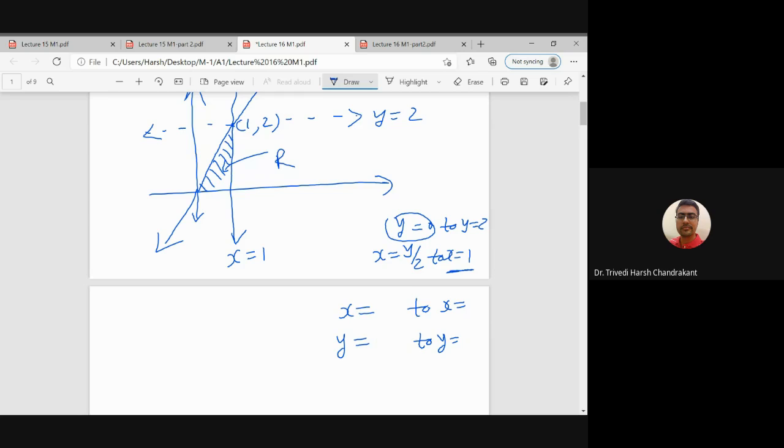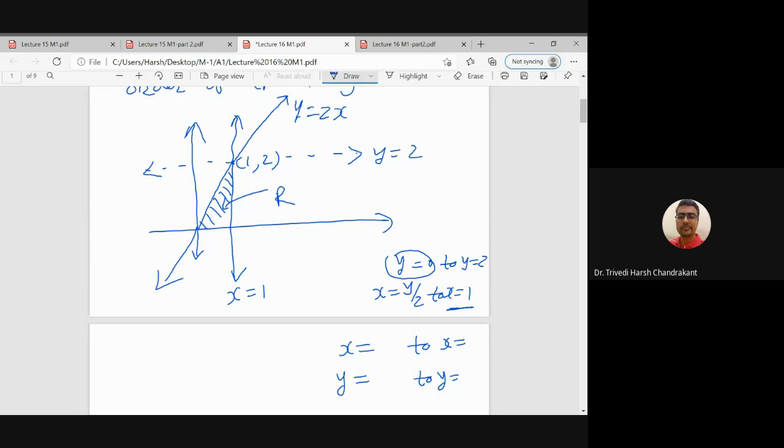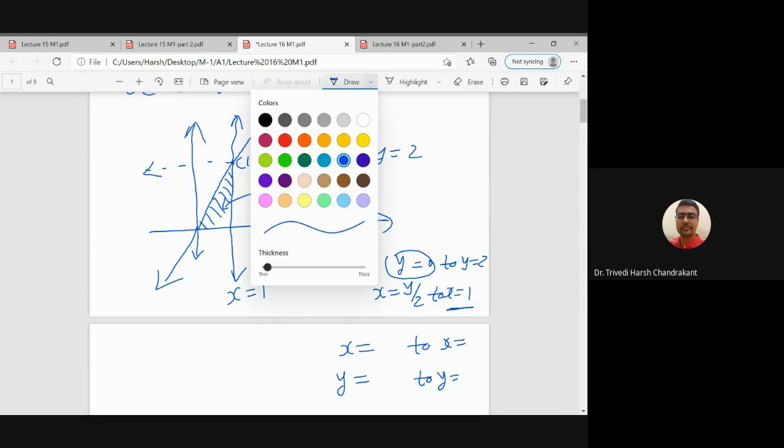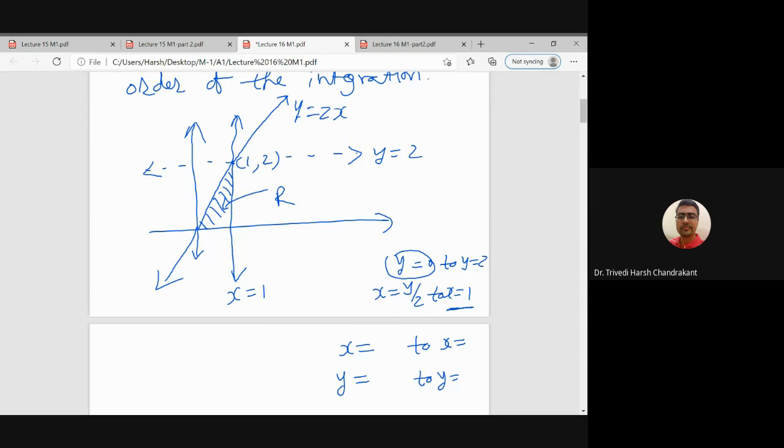If you see the region, we can see that the constant values of x which bound the given region are 0 to 1, right? So x equals 0, that is this line, to x equals 1. So these two lines bound the region.